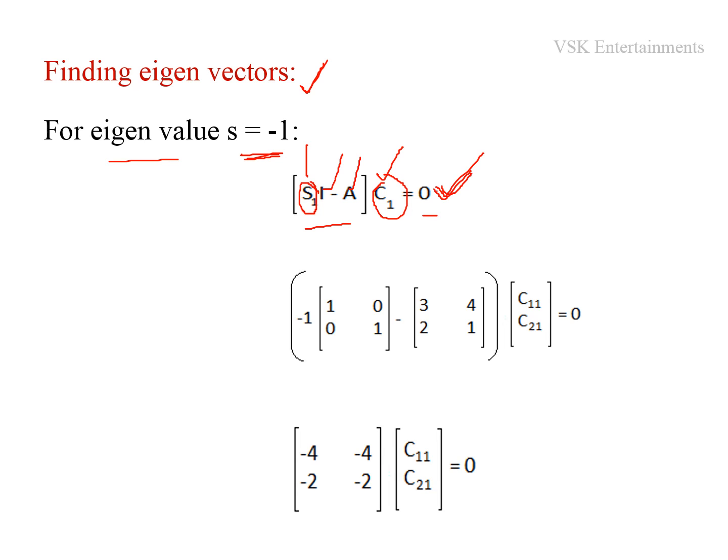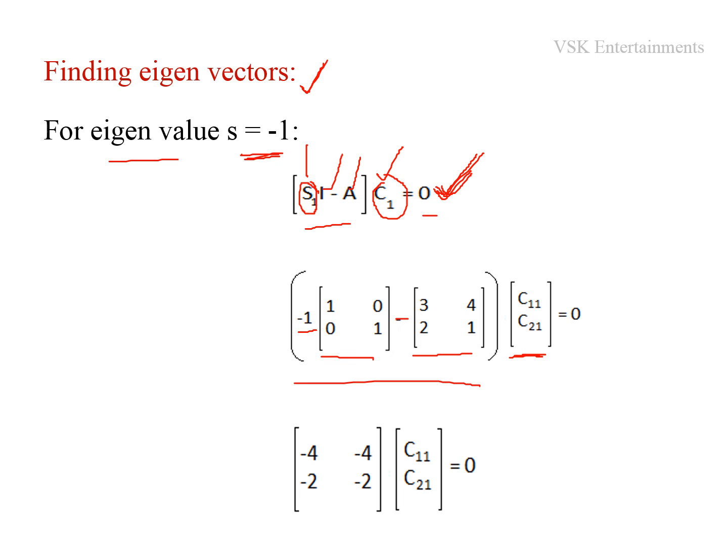Now substitute the s1 value, identity matrix, system matrix and eigenvector C1 in this equation. By substituting, we get s1, which is nothing but -1, into the 2 by 2 identity matrix minus A, the system matrix, into C1. C1 is nothing but the matrix [C11; C21].